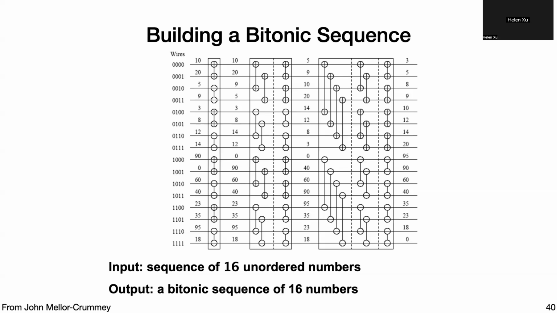And then in parallel, 5 would go up there, 20 would go down there. So that's why you're comparing 5 and 9 in the second step of the recursion. And then similarly for the next one, you do the recursive calls 8, 4, 2, 1.